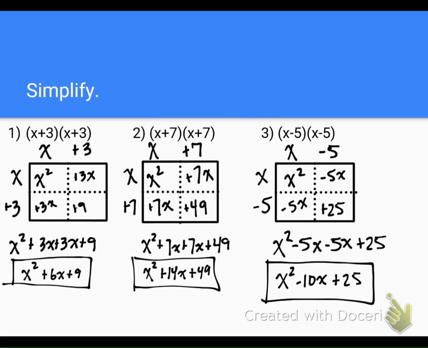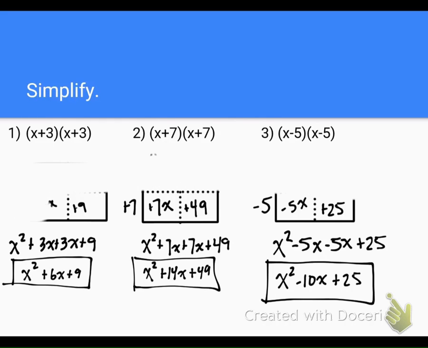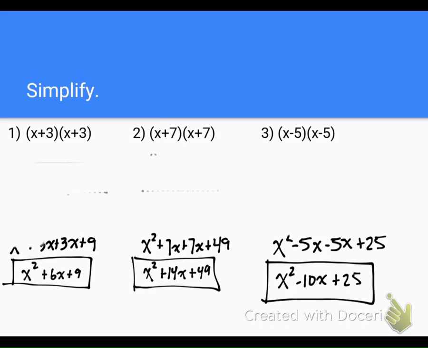So can I do this on any problem? No. Here's the shortcut. When you see that, I also want you to skip this middle step. I don't need you to write all these boxes. I just want you to go straight to the answer, okay? Does that make sense? Okay, good.